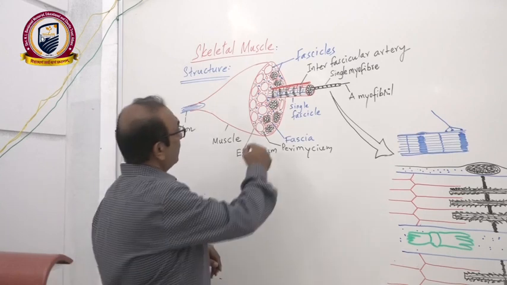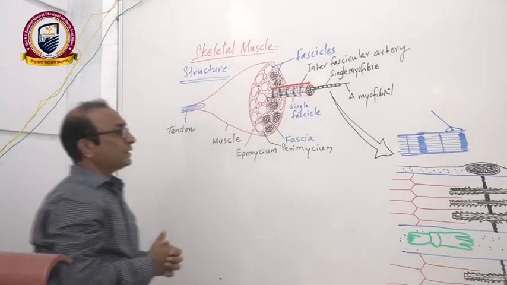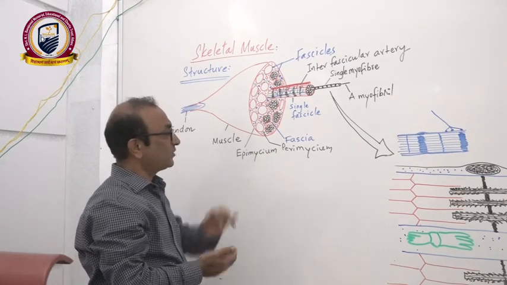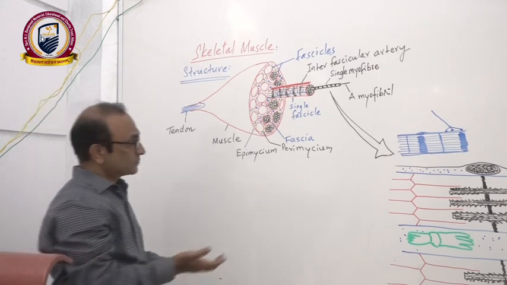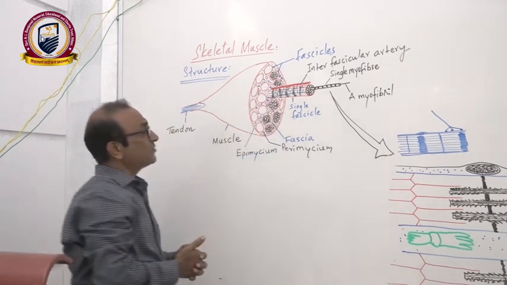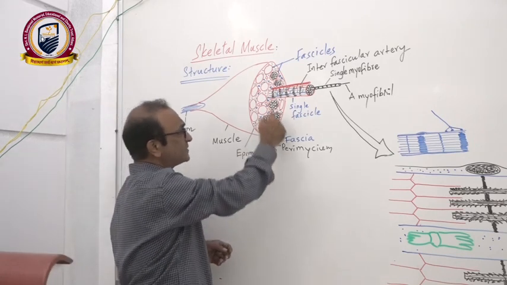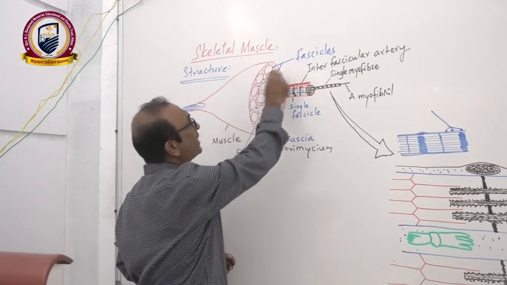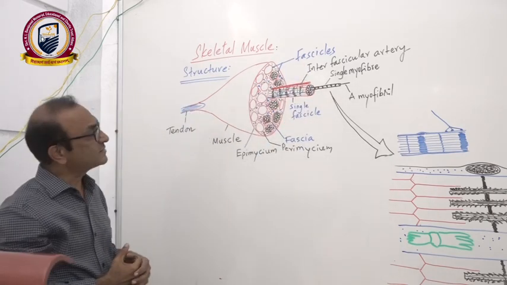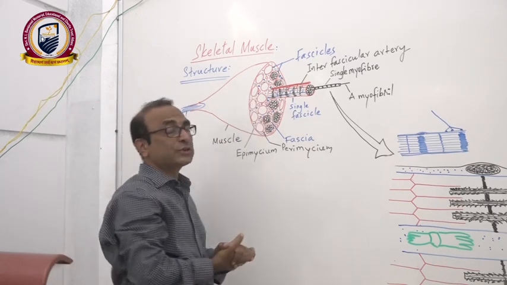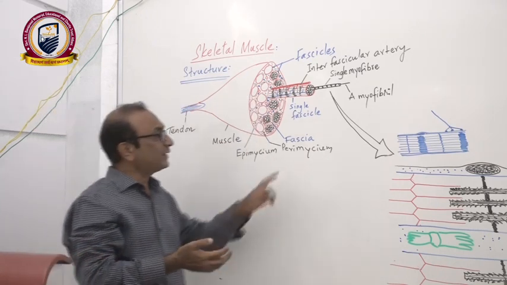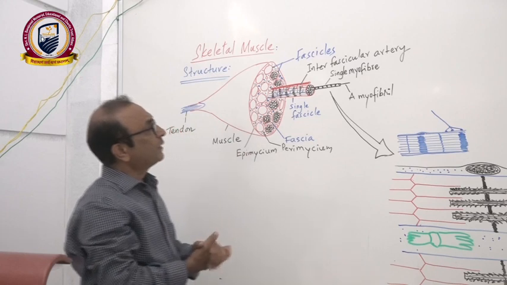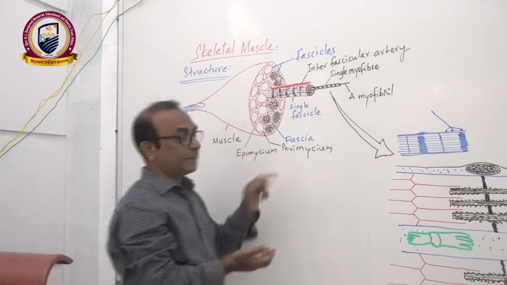If you see, the muscle as such is surrounded by a tough connective tissue membrane that is called epimysium, and then inside the muscle there are bundles of muscle fibers or bundles of myofibers, and these bundles are called fascicles, and these fascicles are also surrounded by a connective tissue in between which is holding them together, and that is called fascia. And the part of the fascia immediately surrounding the fascicles is also taken as perimysium.